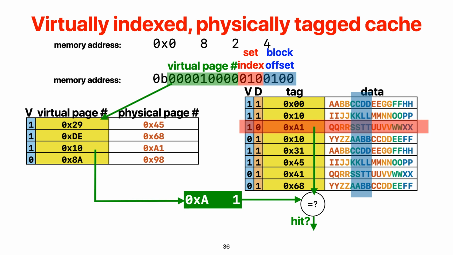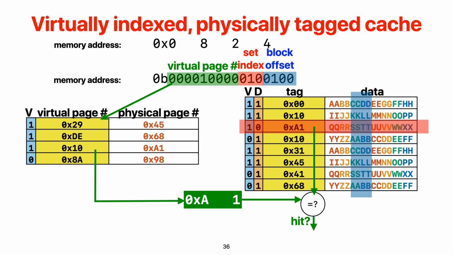So we can still use the set index to access the cache, use the block offset to select the right part of the block to output, and the virtual page number in the meantime will be used as the input of the TLB. If we find a match in the TLB, then the TLB will give us the output, the physical page number.